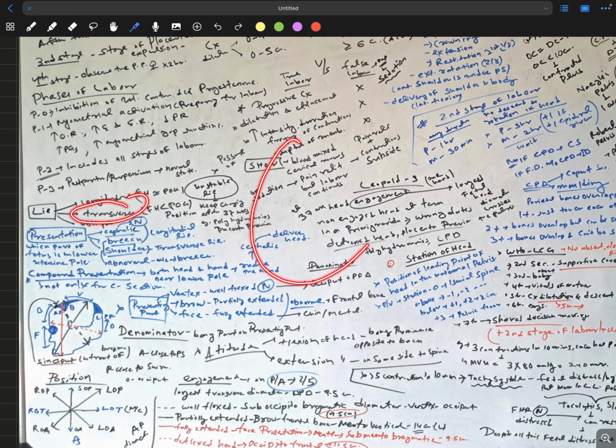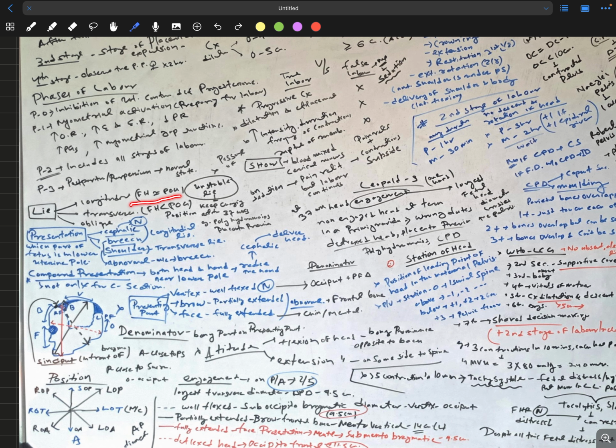In transverse lie, the uterus is like this and the fetus lies like this; the axes of the fetus and uterus are perpendicular. Oblique lie is when the uterus is like this and the fetus like this. So we have three types of lie: longitudinal, transverse, and oblique.